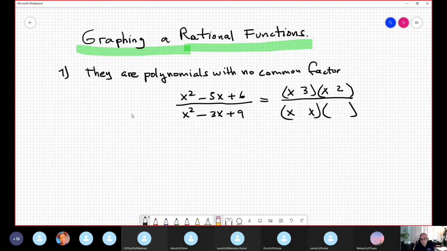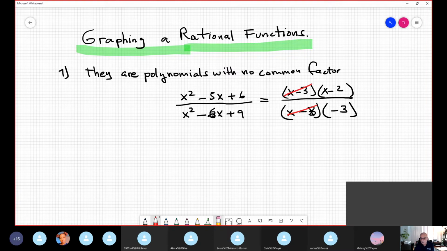Because 3 times 2 is 6, 3 plus 2 is 5. And this is 6, sorry, to be perfect, this is 3 and 3, both negative, no? Because 3 times 3 is 9, and 3 plus 3 is 6. And you can see, wow, look at that. That factor and that factor are cancelled. That is the reason that they are polynomials with no common factor.